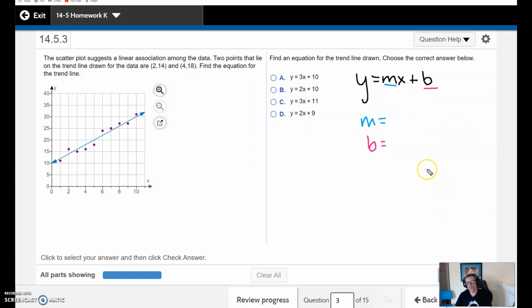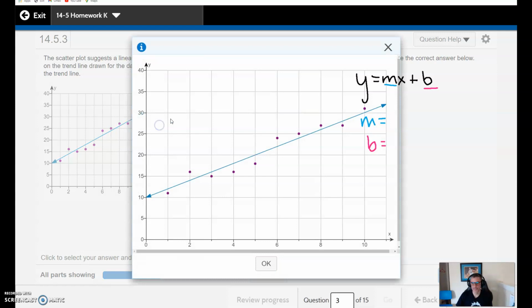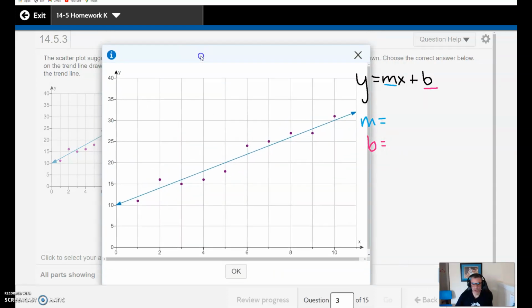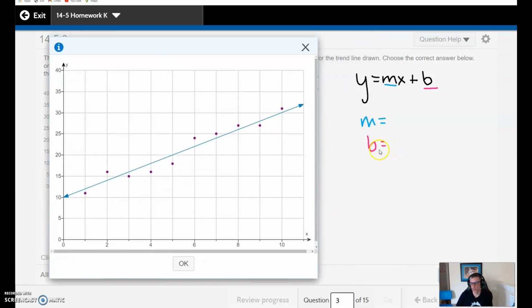All right. So let's look at this blue line and see if we can figure these 2 things out. I'm going to zoom in. I always start with the y-intercept because I just have to look. Here's the y-axis. Let's go down. It appears the y-intercept is 10, right? It's hitting right there at 10.